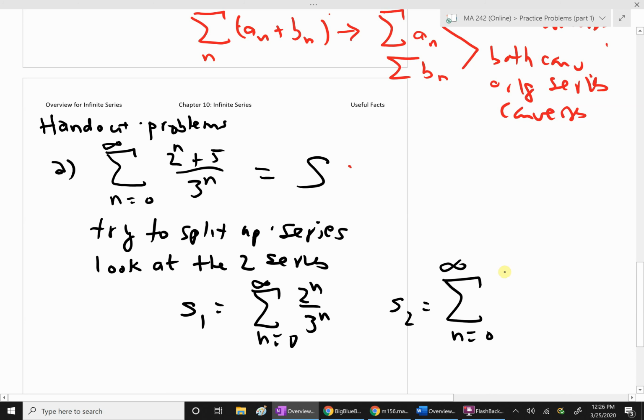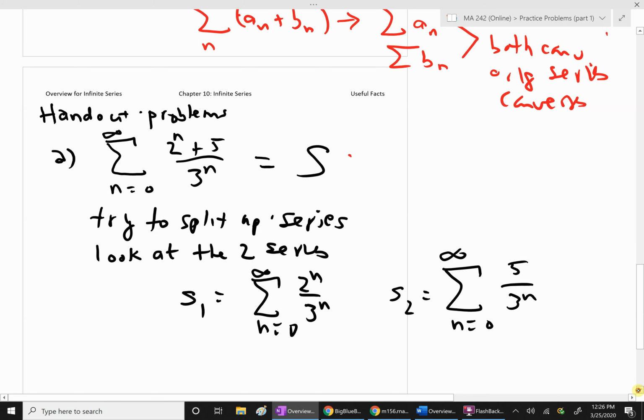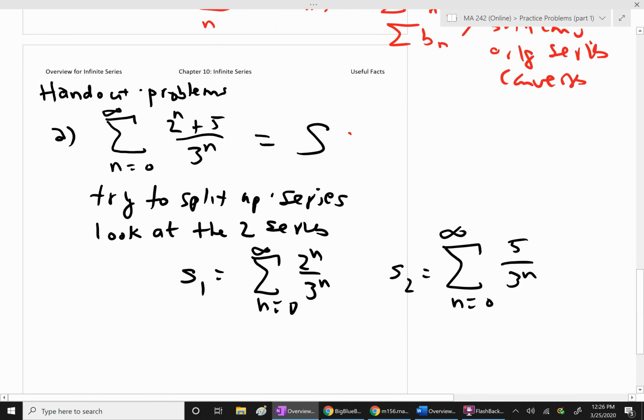This is what we mean by splitting them up. My goal is to see if these two converge. If each of these converges, then my original series converges.